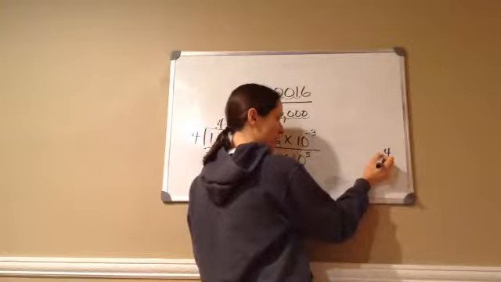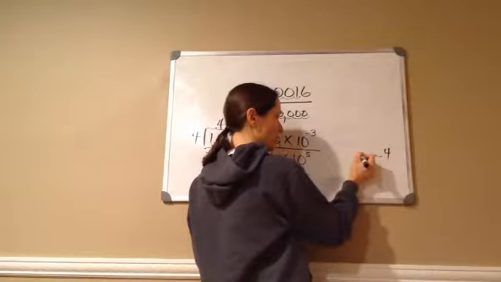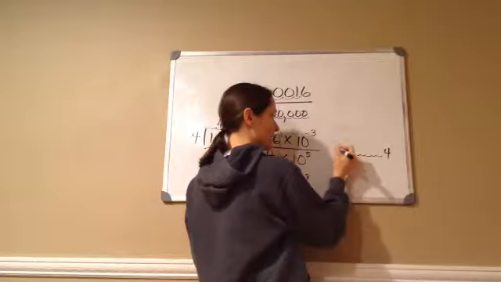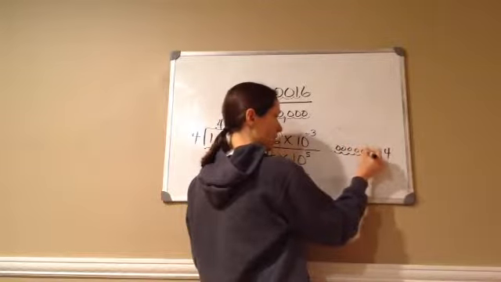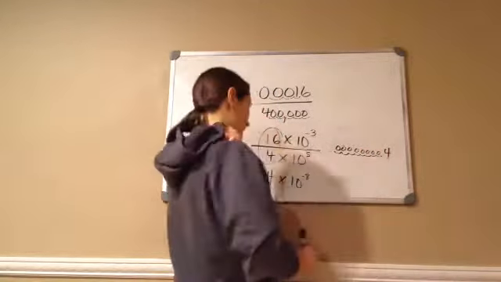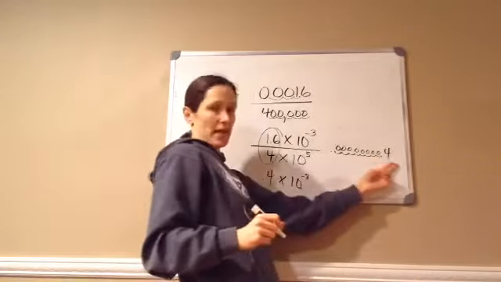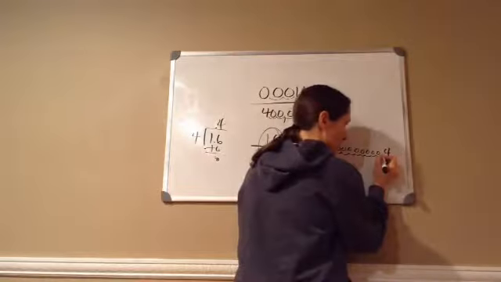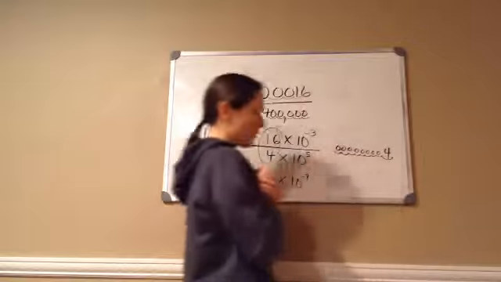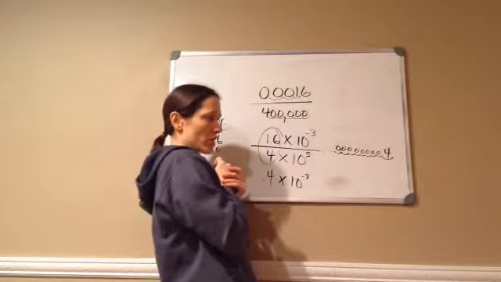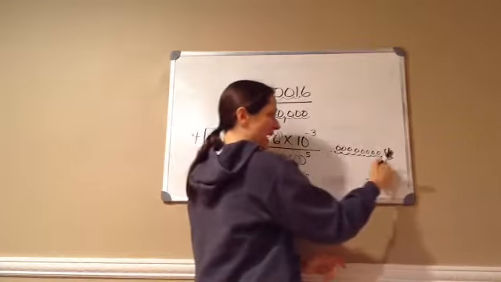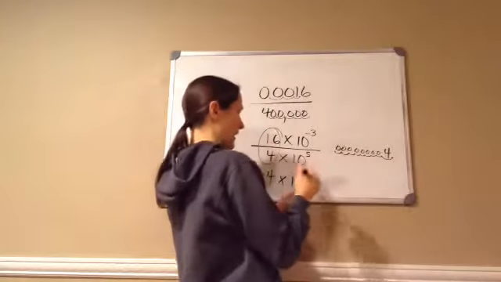So I'm going to go negative 8 spots. 1, 2, 3, 4, 5, 6, 7, 8. Okay? And that's what it would look like as a number. But I want my decimal to be after that first non-zero number. So this is 8 plus 1 more makes 9.